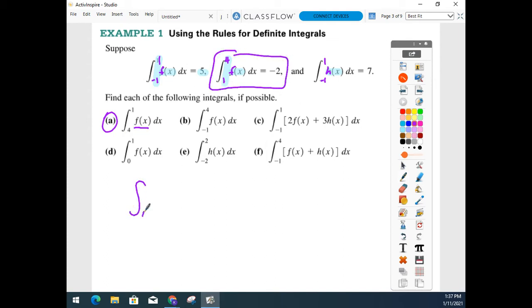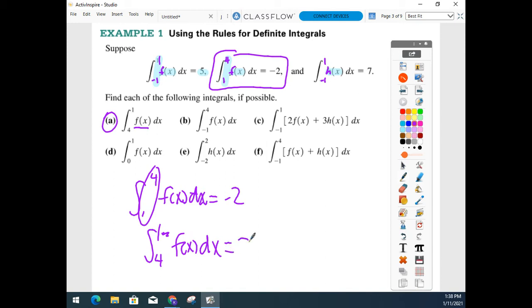Since f from 1 to 4 equals 2, if I switch the order of integration from 4 to 1, this is the opposite of this one. Okay? 1 to 4 is the opposite of 4 to 1.